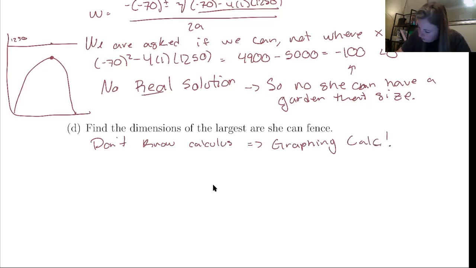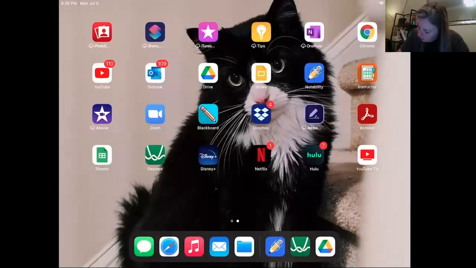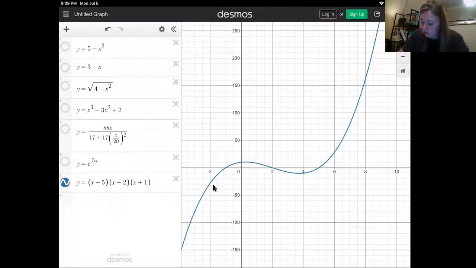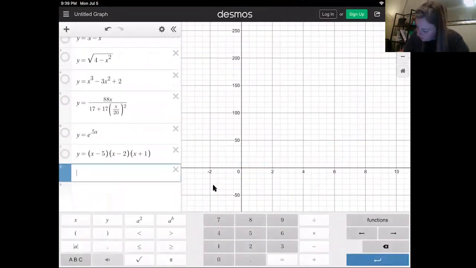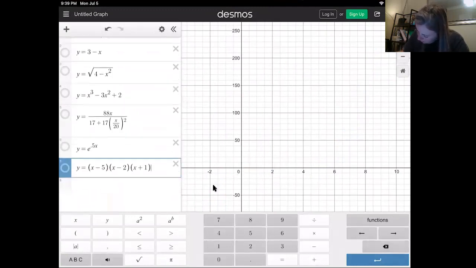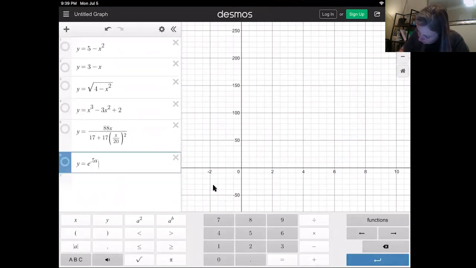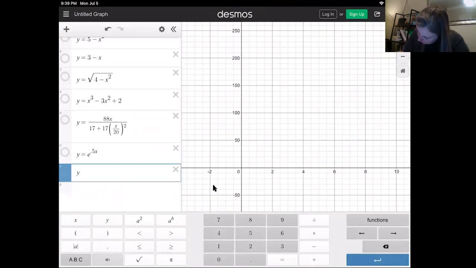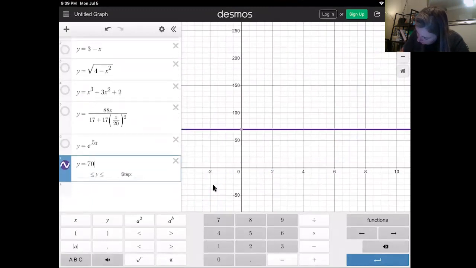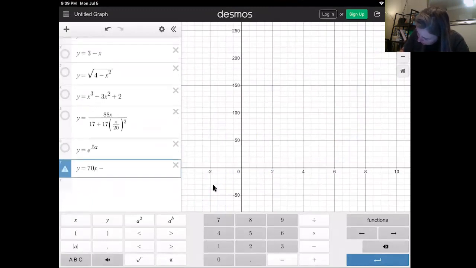Let's pop over to Desmos. Oh my God, this is all from last time. So it was like 70x. Oh, I need to say y equals first. Y equals 70x minus x squared.